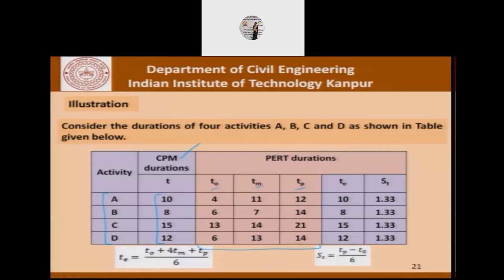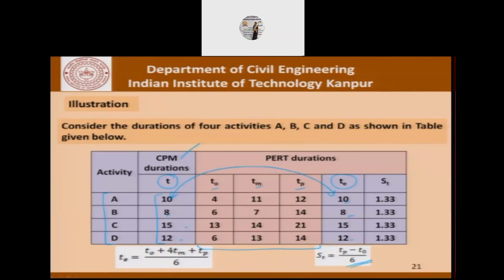And the way these TO, TP, and TM have been chosen is to ensure that the time in CPM and the expected time of the activity are taken to be the same. So activity A has 10 here, its TE here, it is 8 here and 8 here, 15 here, 15 here, and 12 and 12. So this effectively ensures that the TE is the same.